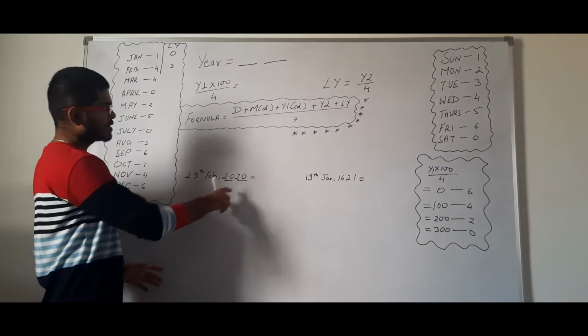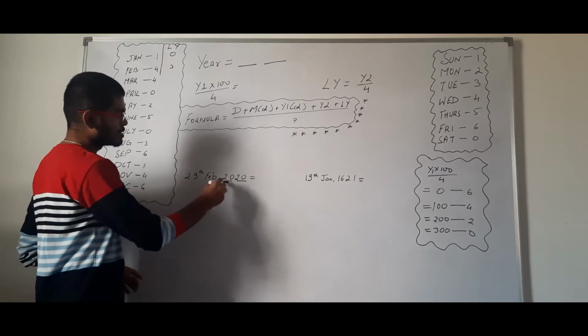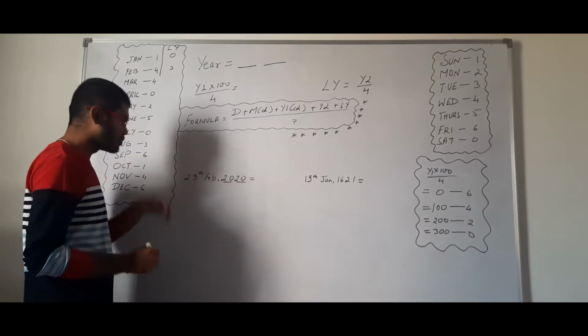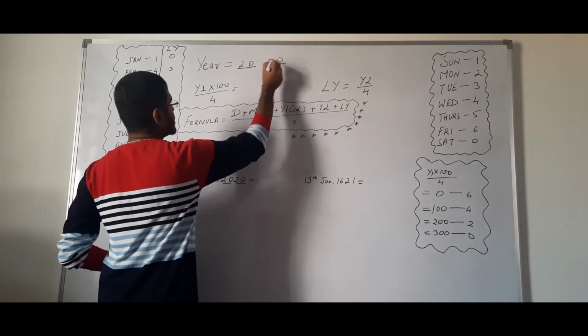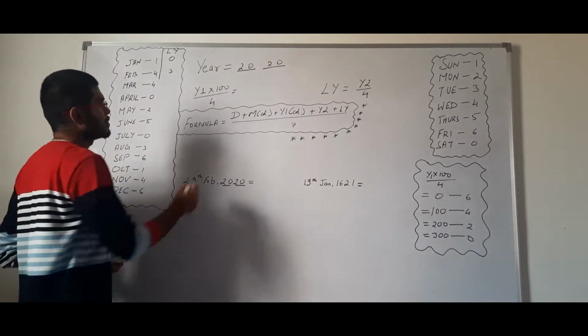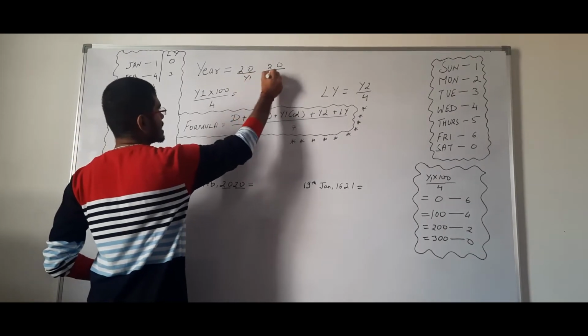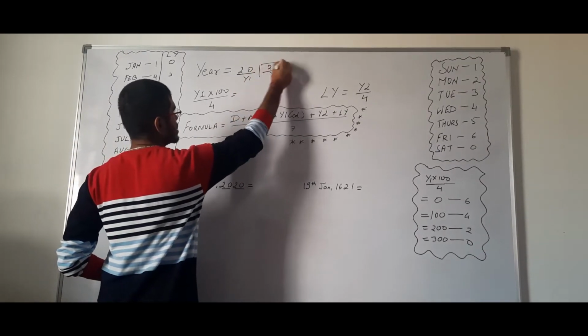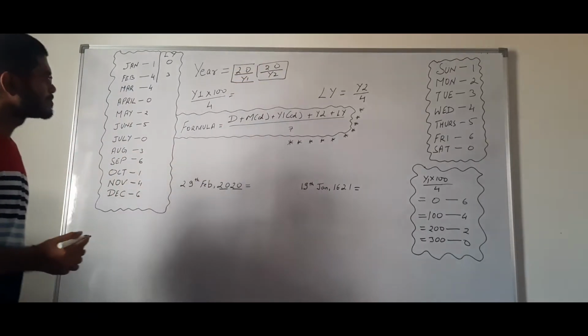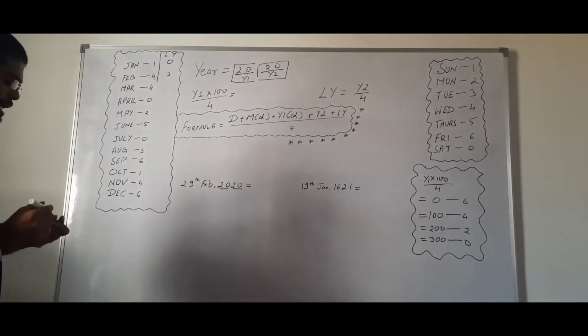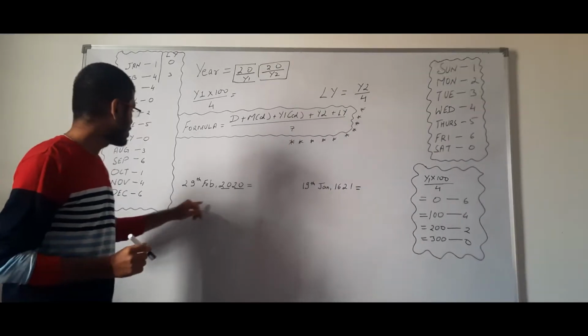So 29th Feb 2020, initially I'll divide this year 2020 into two halves, that is 20 and 20. Here I'll write the first as year 1 and the second as year 2.